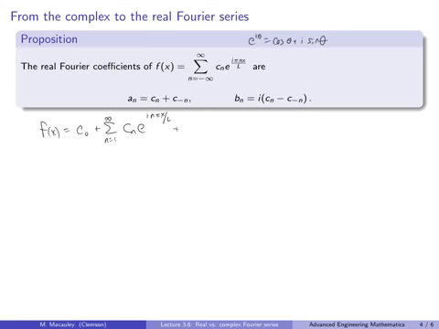And then plus c minus n e to the minus i n pi x over L. And then we will apply Euler's formula to both of these. And recall that e to the negative i theta is cosine of theta minus i sine of theta. Okay, so this is essentially what we're going to do, and then we're just going to collect terms as before.